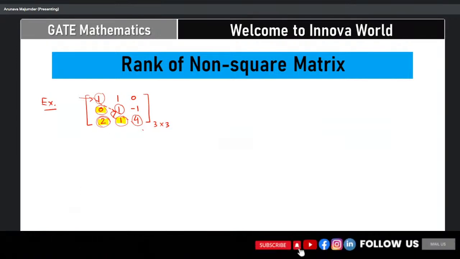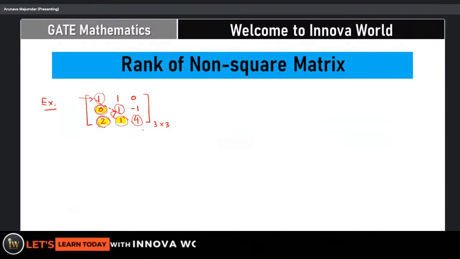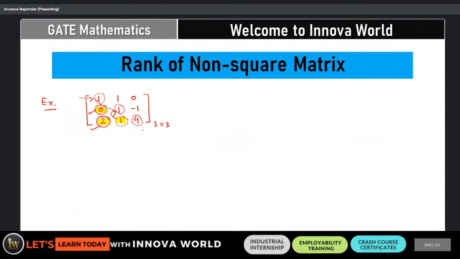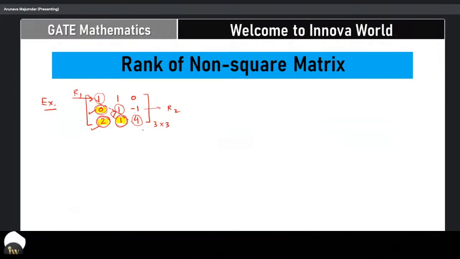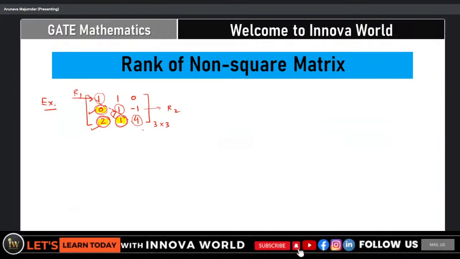Remember that this element and this element must be made 0 with respect to the first row, that is row 1, and this element with respect to the second row, that is row 2.